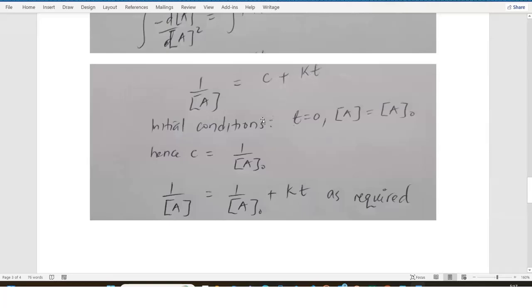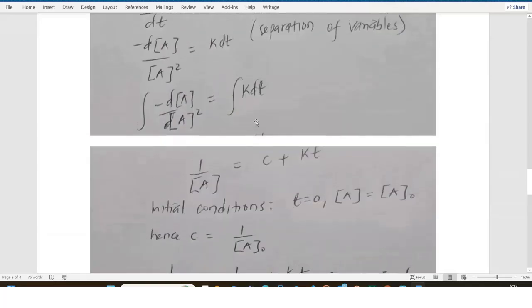So when we apply the initial conditions, we find that t is equal to 0. When t is equal to 0, the concentration is going to take a subscript 0 to represent the concentration of hydrogen peroxide at time equal to 0. Now, if we substitute in those values, we find this one is 0. So we remain with the constant C equal to 1 over the concentration of A at t equals 0.